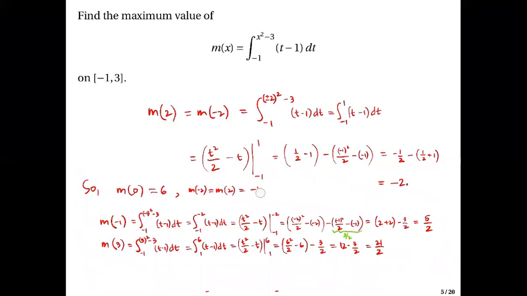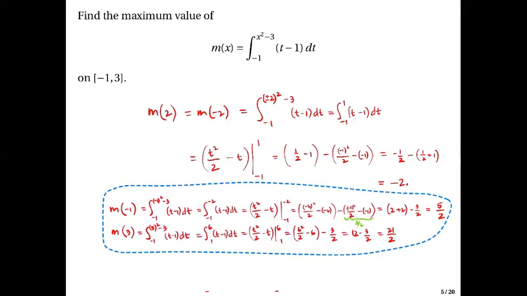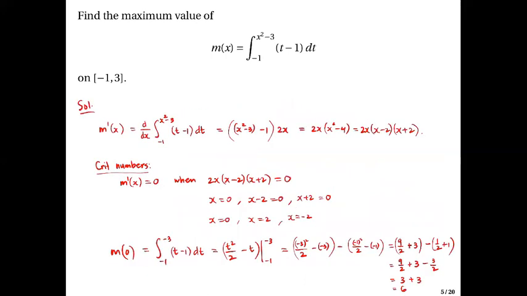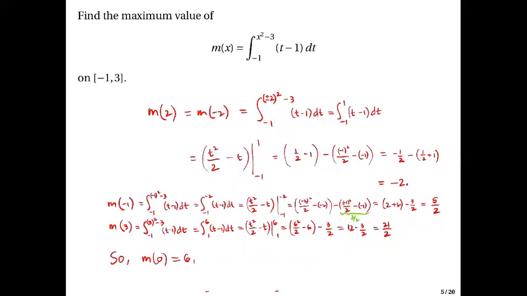Let's write this conclusion here. Let's move it below the calculations that we did in here. So m of 0, again, it was 6. M of negative 2, the same as m of positive 2, this is negative 2.